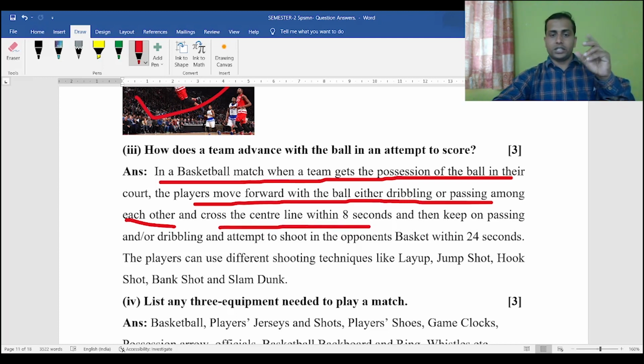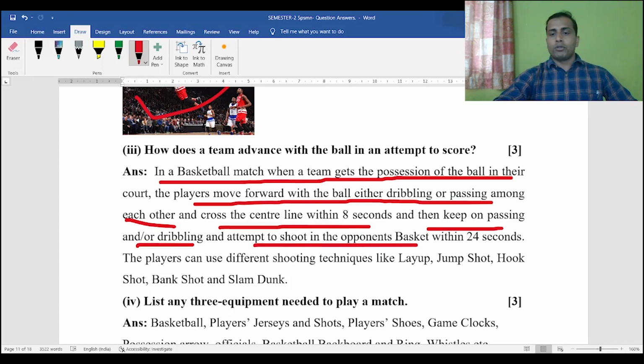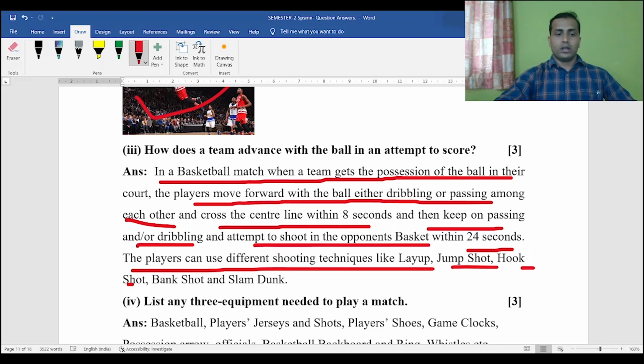This is a restriction that within 8 seconds you need to cross the center line, and then keep on passing or dribbling and attempt to shoot in the opponent's basket within 24 seconds. That is also a restriction. The players can use different shooting techniques like layup, jump shot, hook shot, bank shot, or slam dunk. Any of the techniques they can use to shoot on the opponent's basket. If you write the answers of these questions in such a way, then you'll get the full marks.